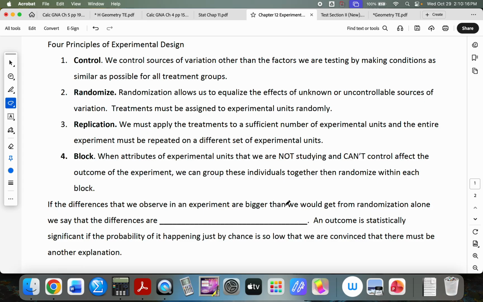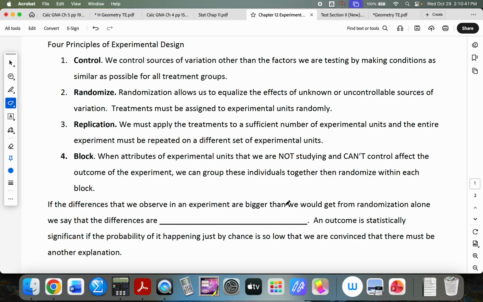But you want enough experimental units to where it's worthwhile. Okay? And if you really want something to be accepted by the scientific community, you need to be able to repeat it. You've talked about this in science class, right? It's got to be repeatable. If it's not repeatable, it's a one-time phenomenon, that's no good.